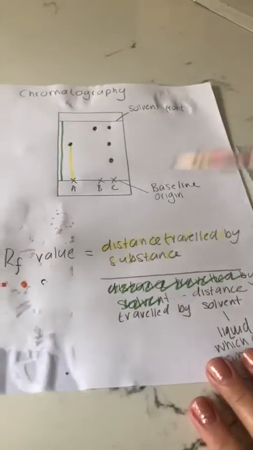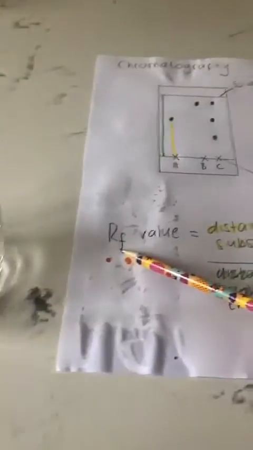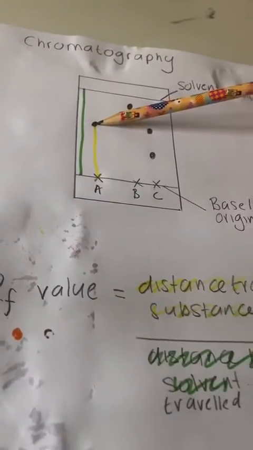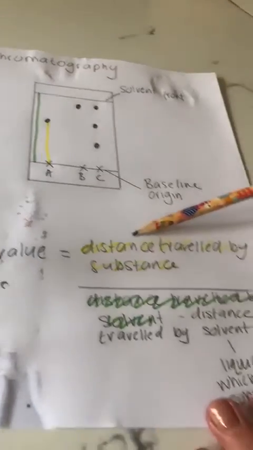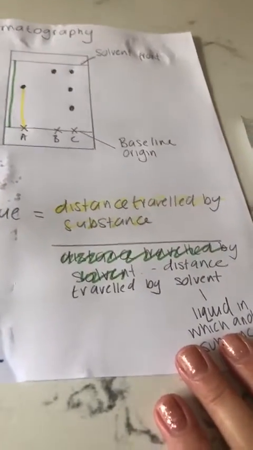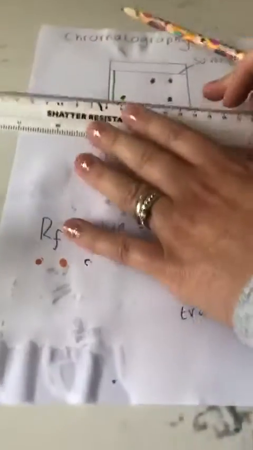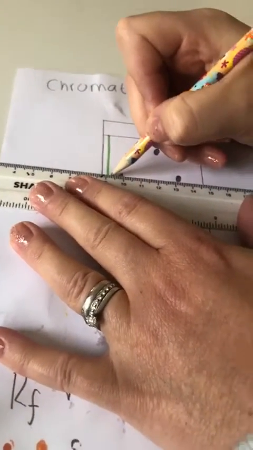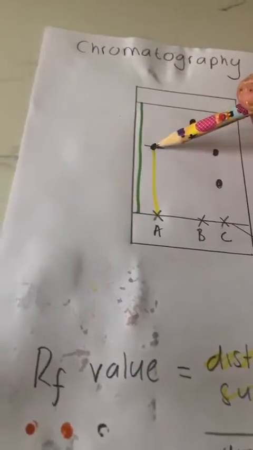Okay, now we'll move that away and look at this example here. We are going to calculate the RF value of substance A. To calculate the RF value, it is just the distance travelled by the substance. What's really important is that you remember that it is from the centre of the substance. So I'm going to draw a line at the centre of the dot.